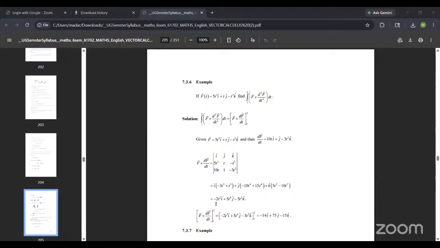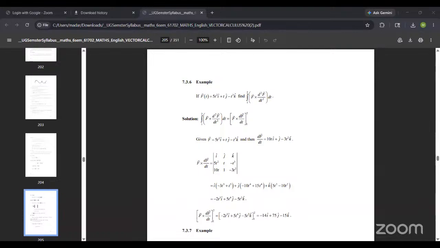So we are doing the cross product, and we know the cross product from the intermediate level also. When you are doing the cross product, then after the simplification we are getting minus 2t cubed i.